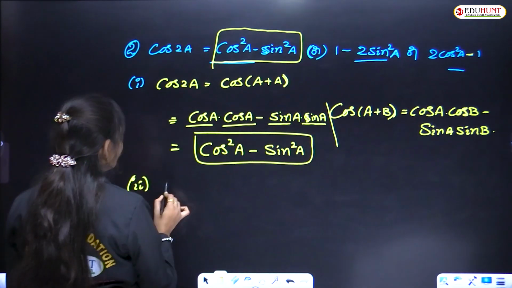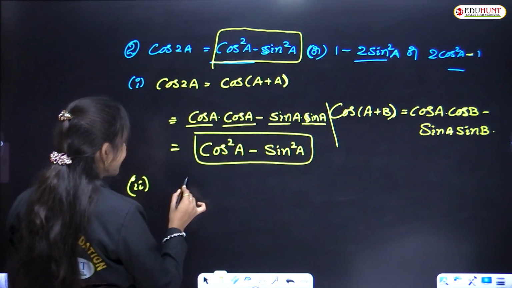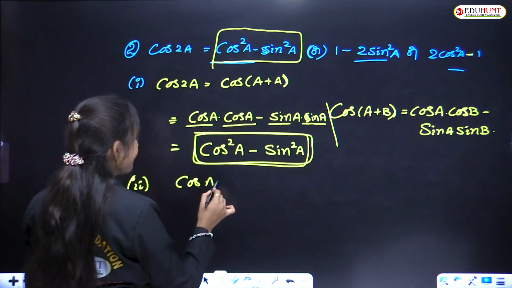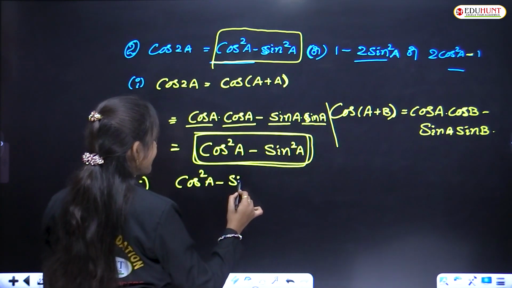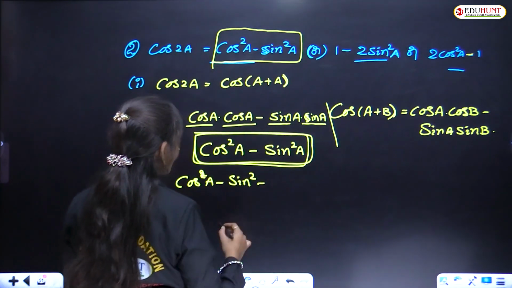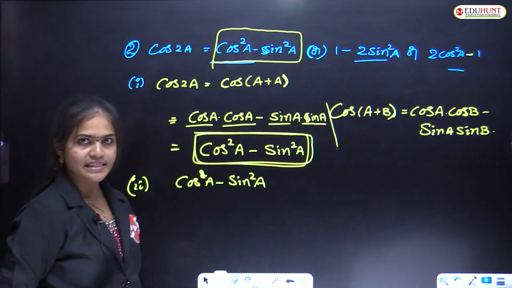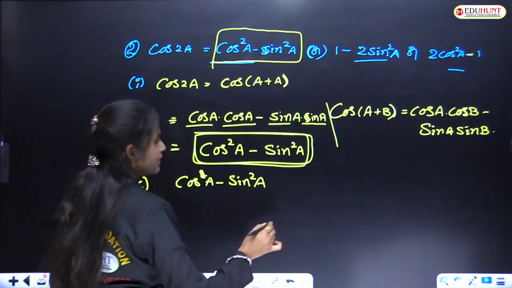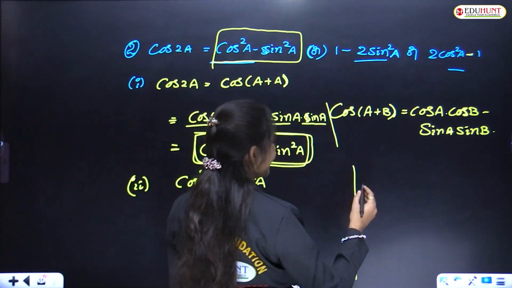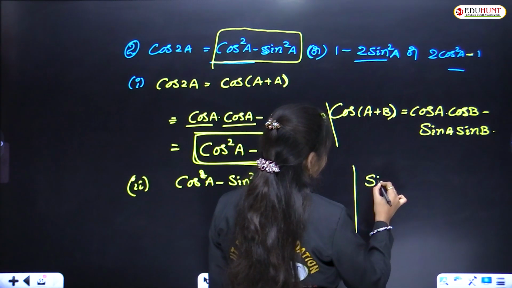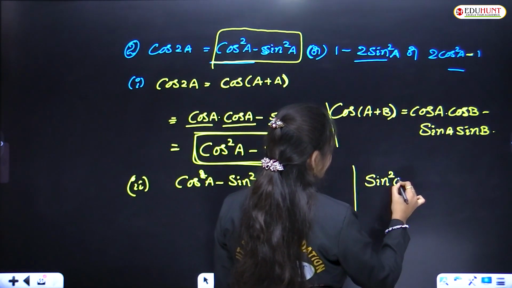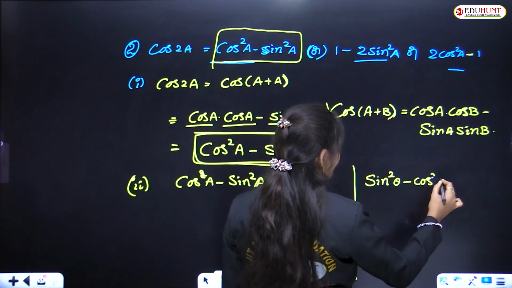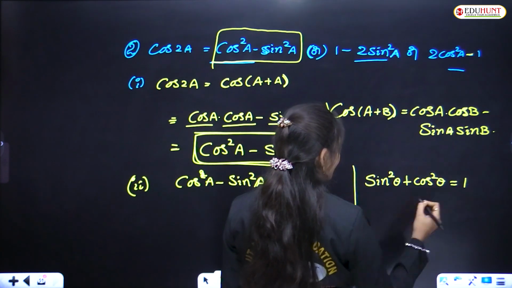Okay. So here to solve that second one, I am taking this one, cos square A minus sin square A. Okay. So here we have that some identities. What are those? Sin square theta plus cos square theta is equals to 1.